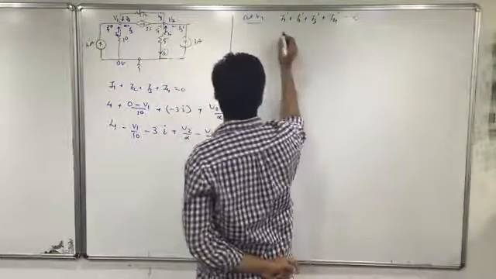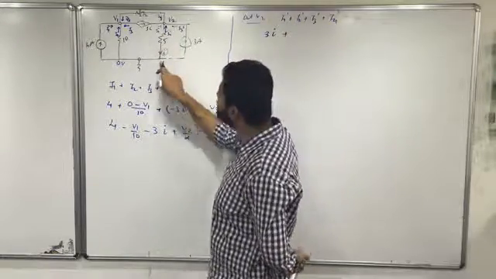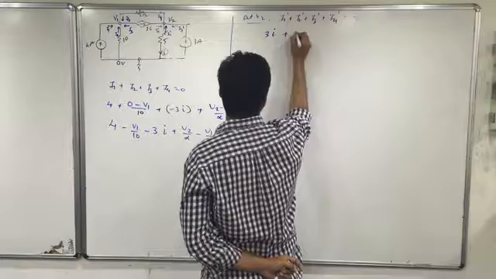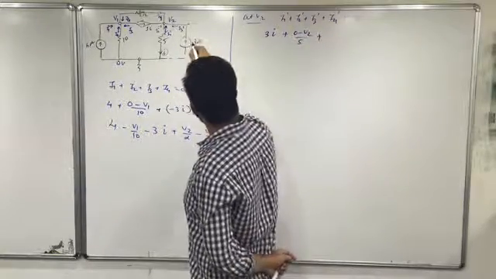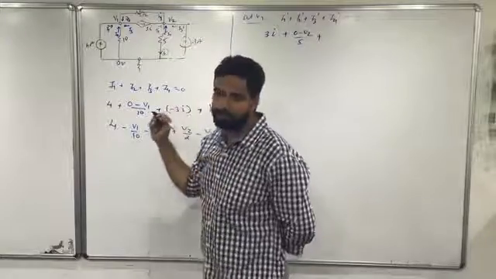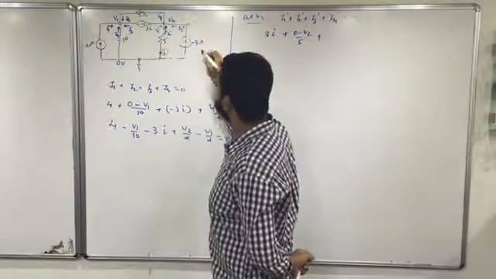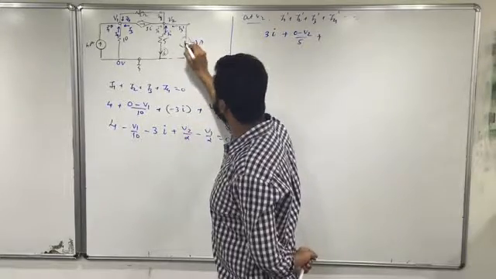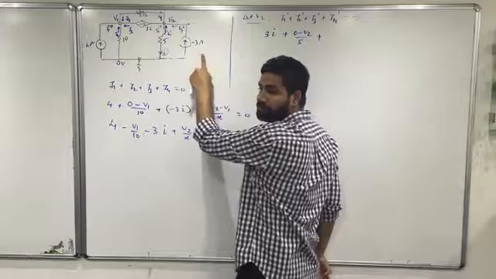What is I1 dash? It is equal to 3I. Plus, what is I2 dash? 0 minus V2 divided by 5. Plus, what is I3 dash? This is actually minus 3 in the book. I'm so sorry, I have not written it correctly. It is minus 3 ampere, and the arrow is this only. So it is minus 3 ampere because it is given this way.